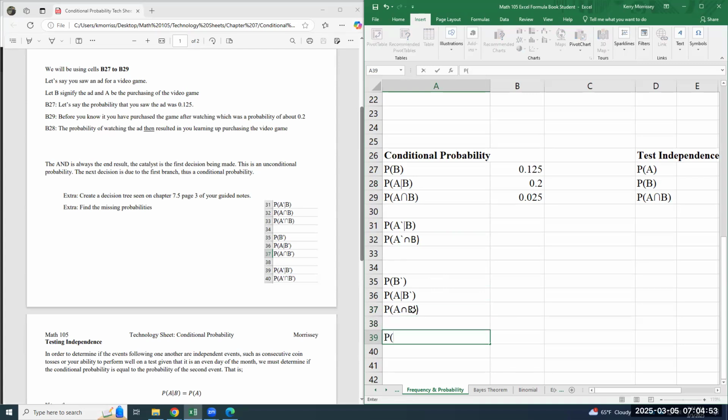The probability of not A given not B, and we'll copy that back down here.